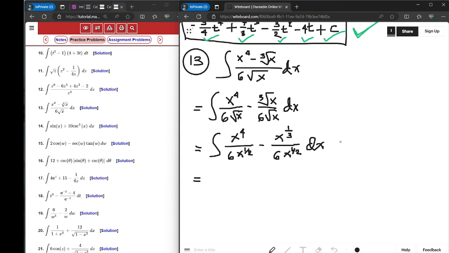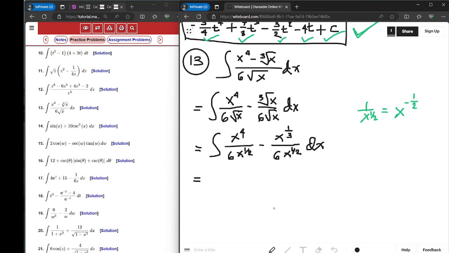Next, if you recall that if we have 1 over x to the power of 1/2, that is just equivalent to x to the power of negative 1/2.